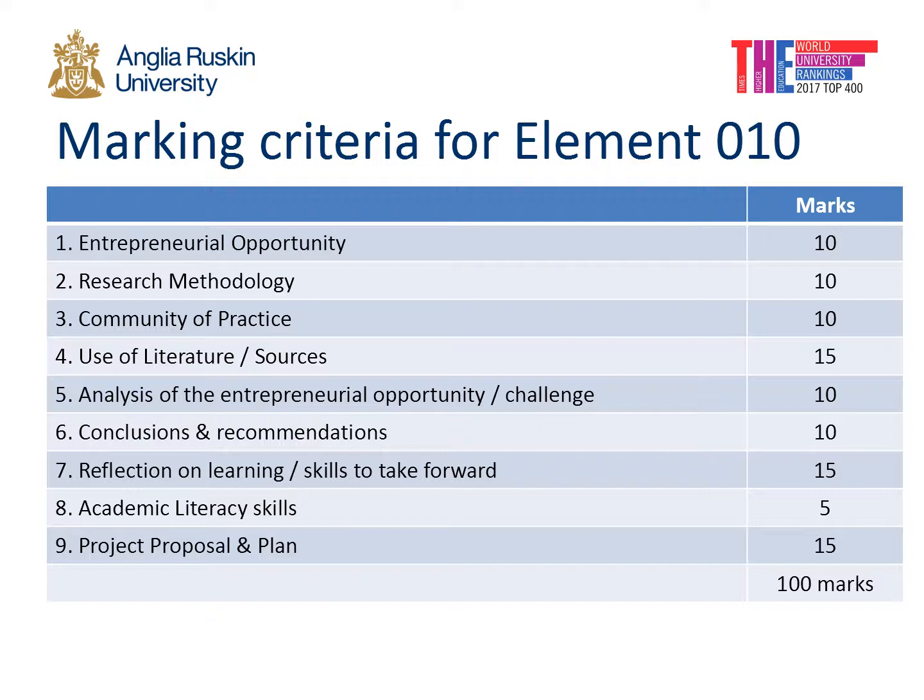So what is required here? You need to ensure that you explicitly apply the entrepreneurial action module material, making use of core readings and the textbooks within the reading list to underpin your research and aid analysis.